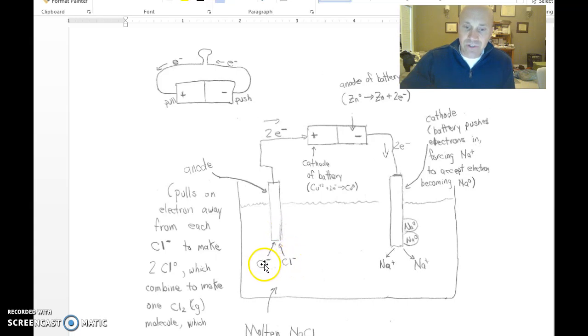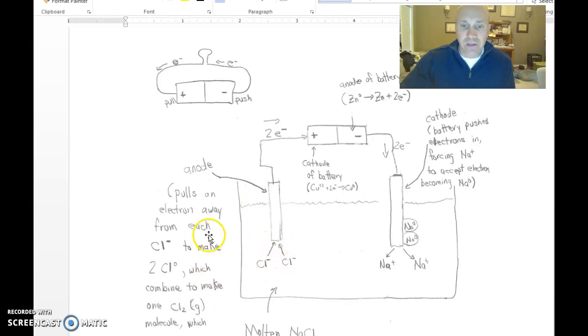And if that happens to two of these guys, if you've got two neighboring newly formed neutral chlorine atoms, they can form a molecule of Cl2. And that's what we mentioned right here. The newly formed Cl2 molecule is a gas, and it's going to want to bubble away from that. Since this is molten sodium chloride, it would be able to bubble away because it's within a liquid.